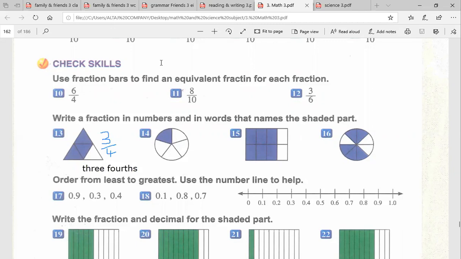Question 14. 1, 2, 3, 4, 5. So 1 over 5. 1/5.